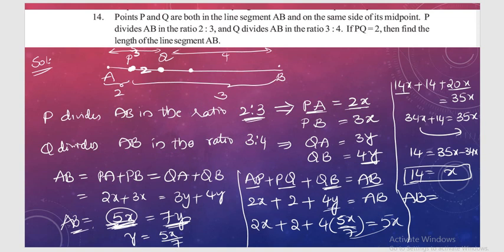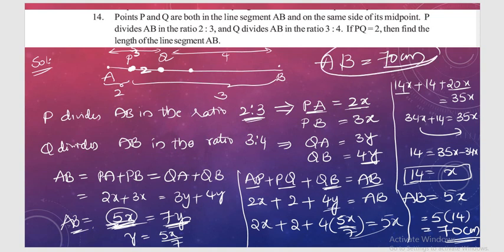AB is nothing but 5x, which is equal to 5 into 14. So 5 14s are 70 centimeters. So AB is equal to 70 centimeters. This is my answer, the length of the given line segment AB, right?